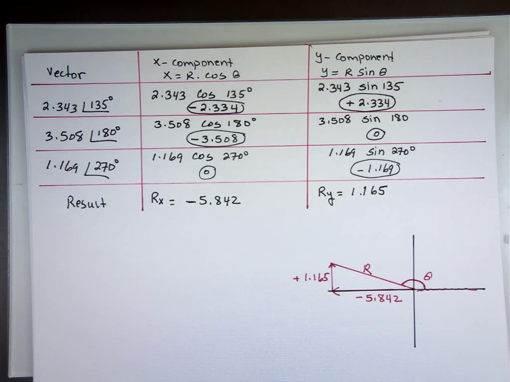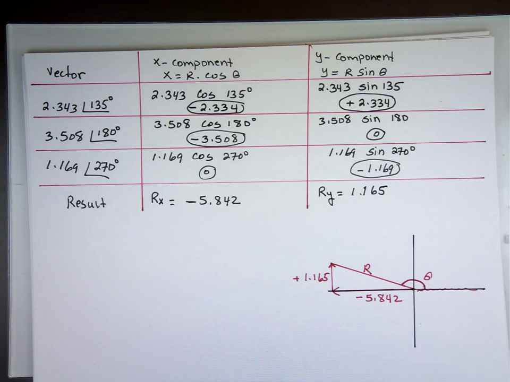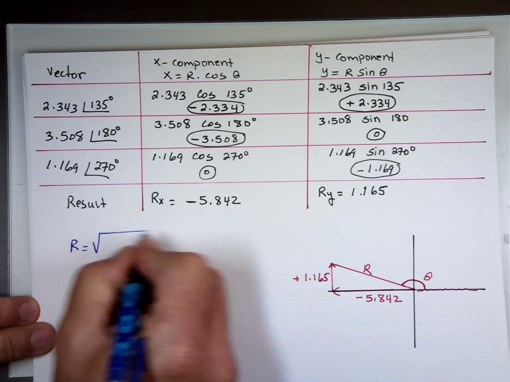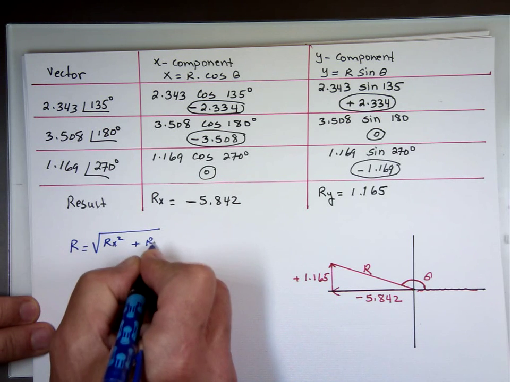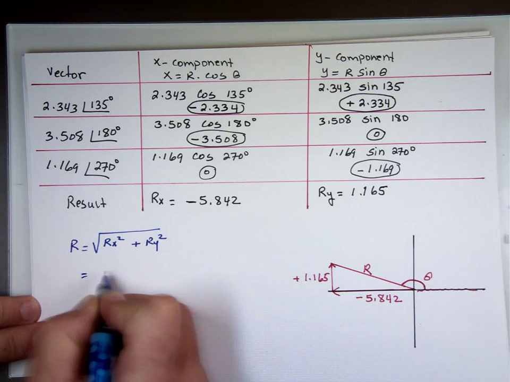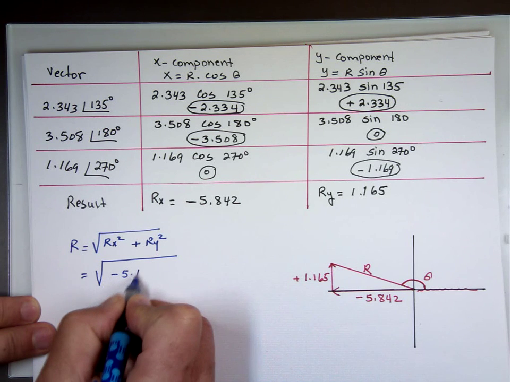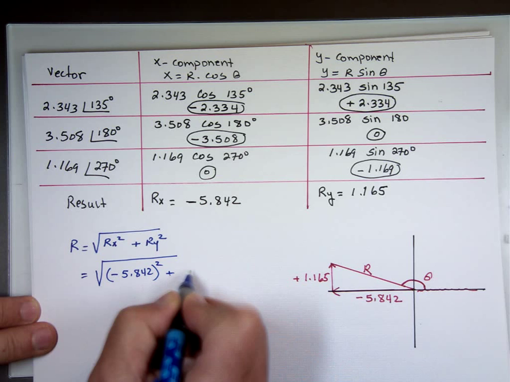How do we find r and how do we find theta? R is the square root of r sub x squared plus r sub y squared, which equals negative 5.842 squared plus 1.165 squared.